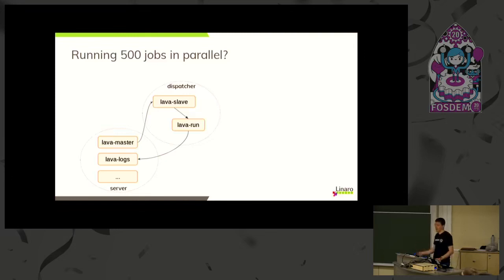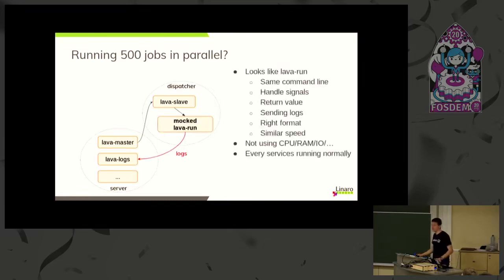Lava run is just an intermediate process that will connect to the board and do all the small things to connect to a board. But we don't have any boards. The only thing we care about is the logs that we will stream back to Lava logs. So what we can do, we just replace Lava run by a mocked version of Lava run, a small Python script that will look like Lava run.